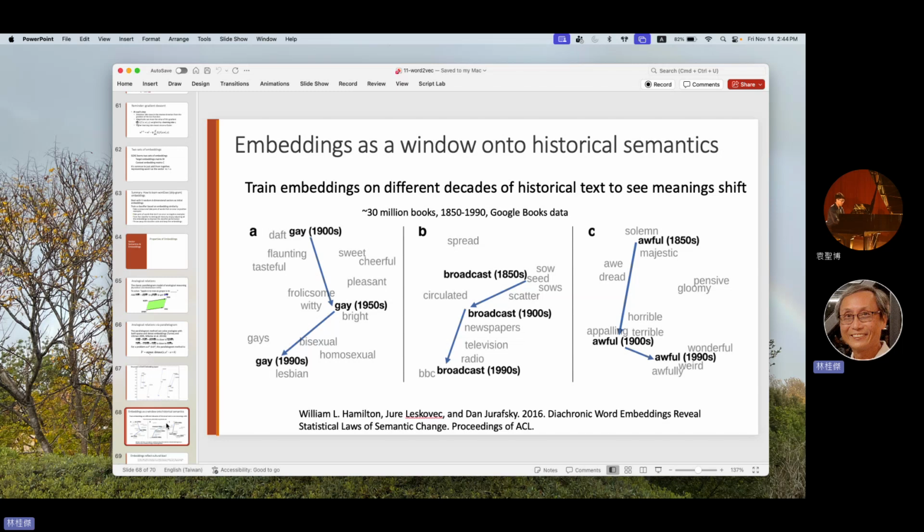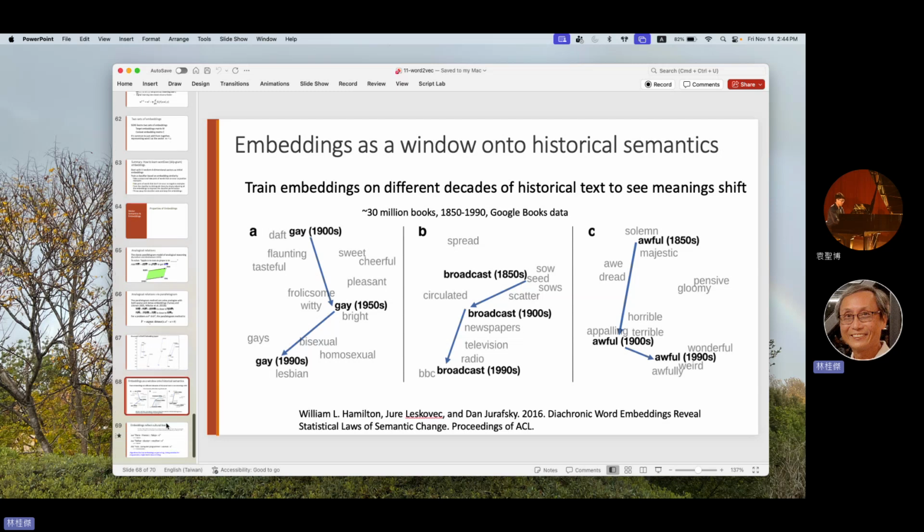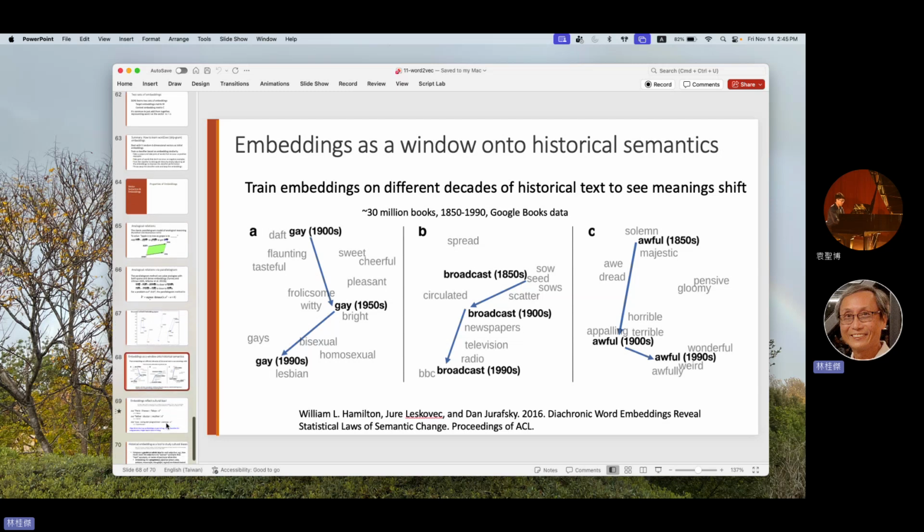Knowing that you are reading the books from 1850 or from 1990, then you'll be able to understand what it's supposed to mean, and then you'll be able to choose the right embedding. Your embedding better match that particular context that it is supposed to have.